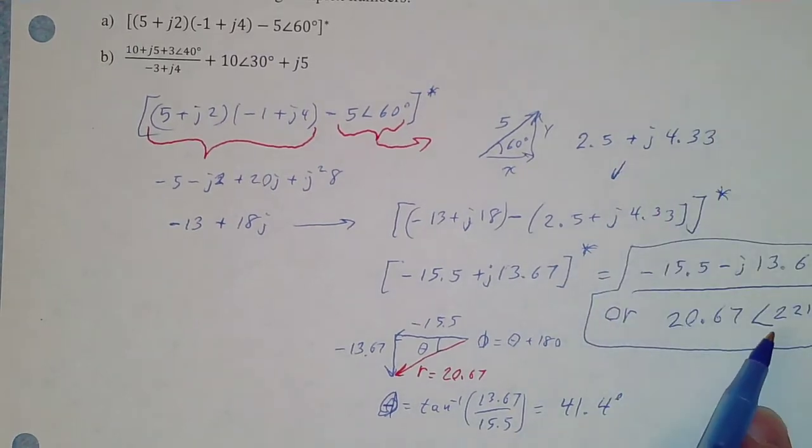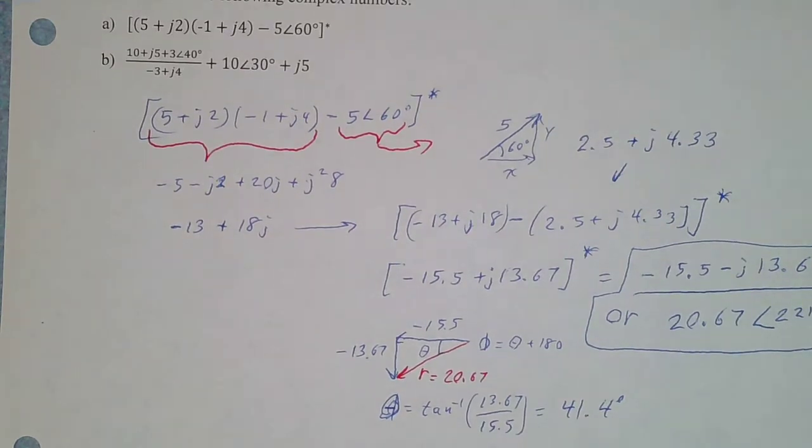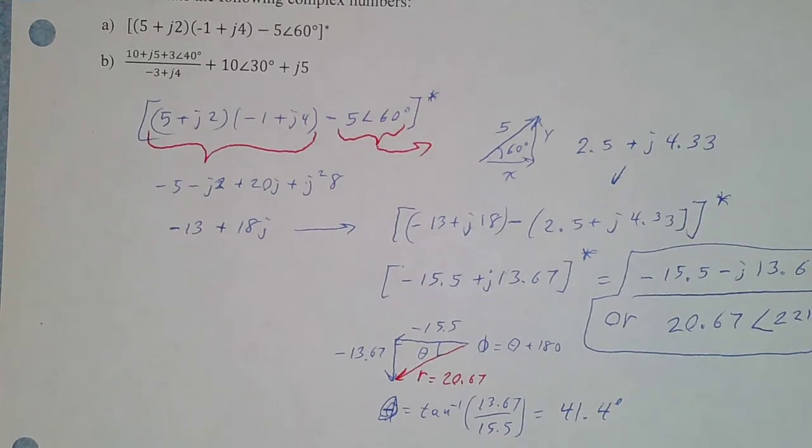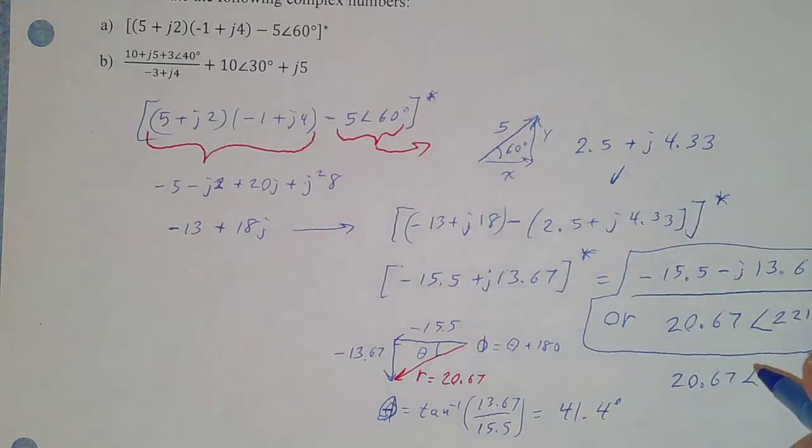Now you can also write this less than 180, but it's going to be in the opposite direction. It's just 221.4 minus 360. Yeah, it's going to be minus 138.6. So you can also write this as 20.67 angle minus 138.6.